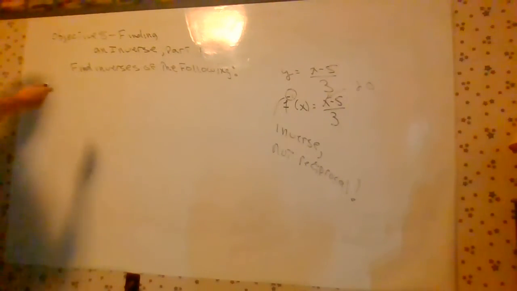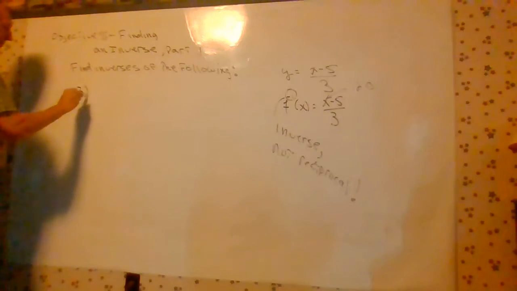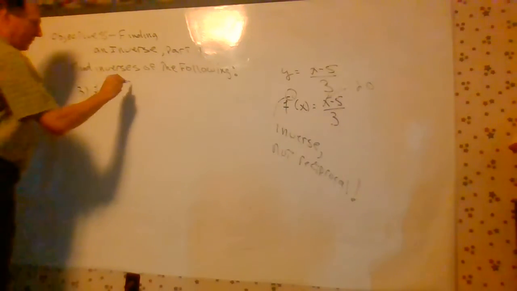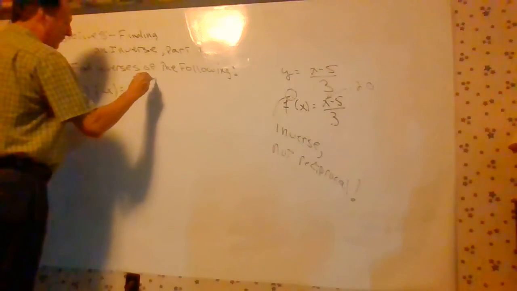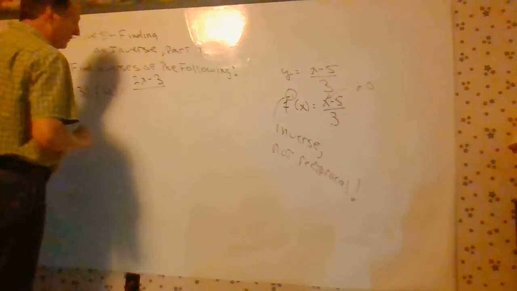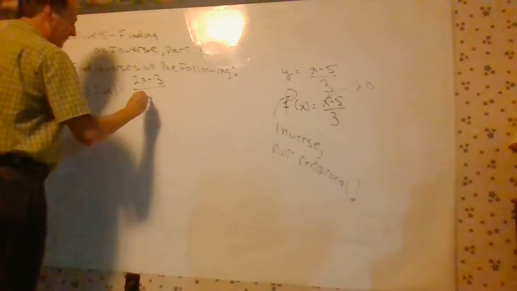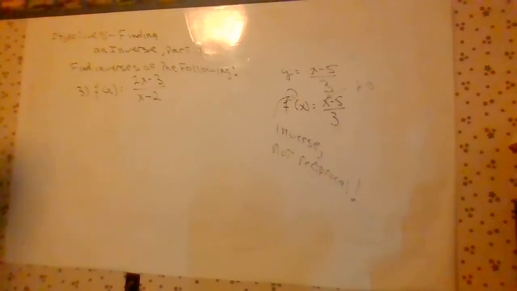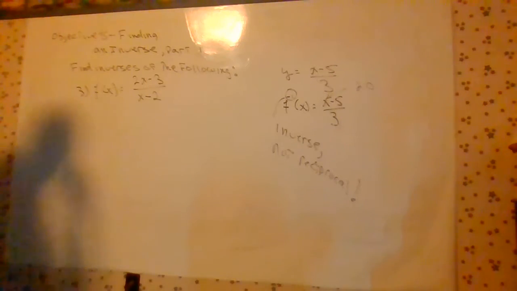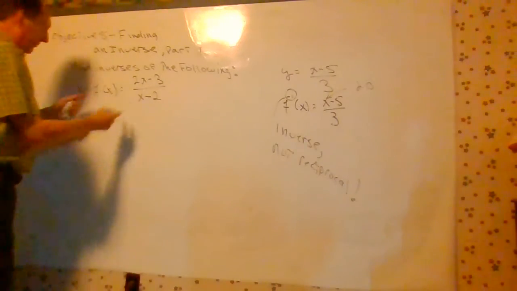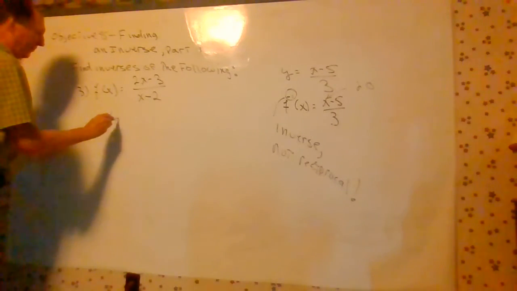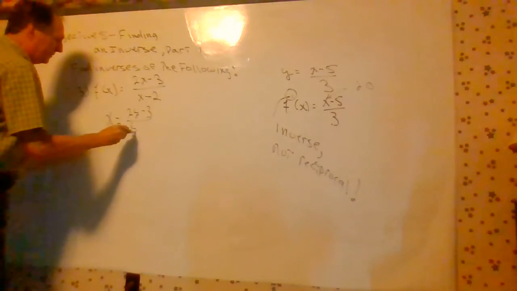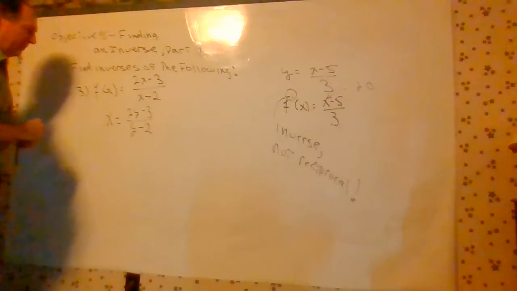With some interesting algebra. f of x equals 2x minus 3 over x minus 2. Of course, we want to switch the variables. x equals 2y minus 3 over y minus 2.